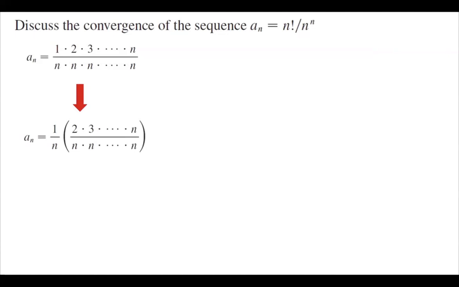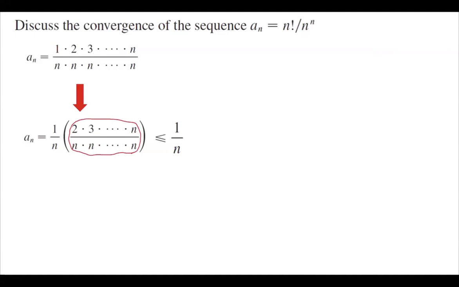Why is it helpful? First of all, note that this is less than or equal to 1 over n. Why? What's the reason behind it? This quantity here, which is the multiplication of 2 times 3 times 4 times 5 times 6 times 10 times 100 times a million, divided by n times n times n times n, is less than or equal to 1.